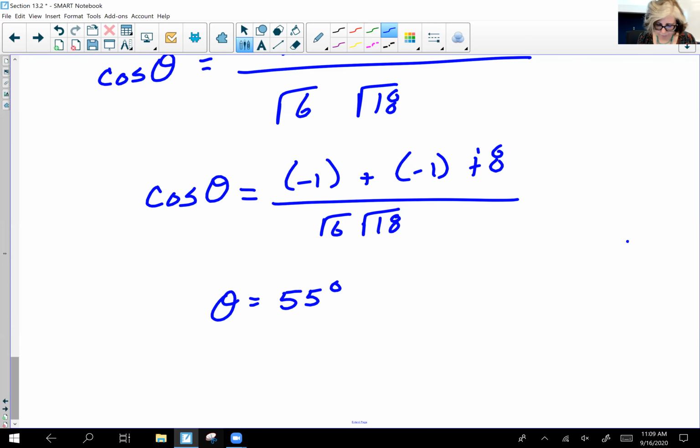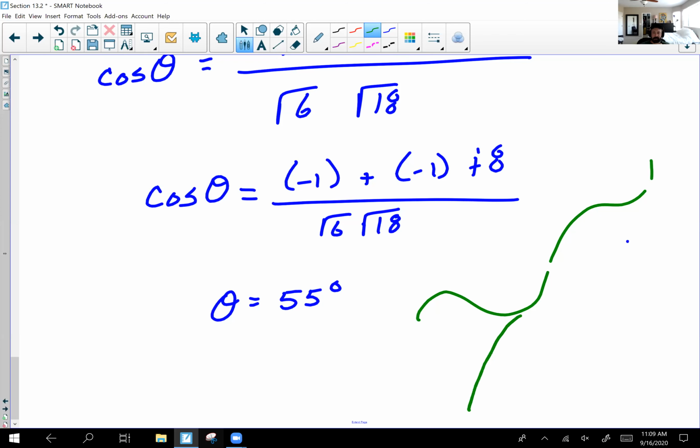Okay, so from a picture standpoint, I've got two curves, right? The curves intersect at a point, and when you do your homework, you've got to find that point to prove they intersect. They might not intersect.